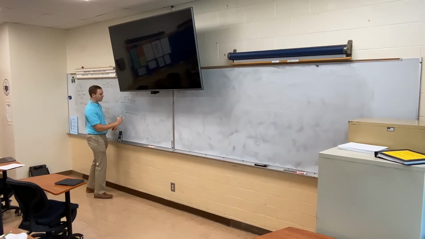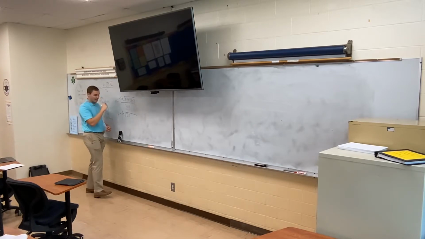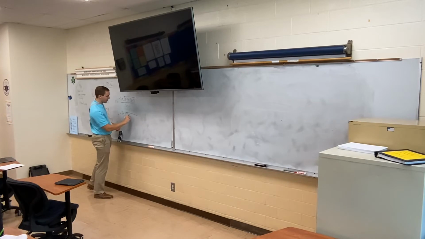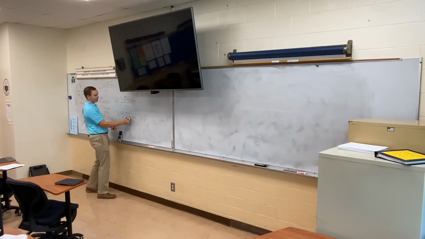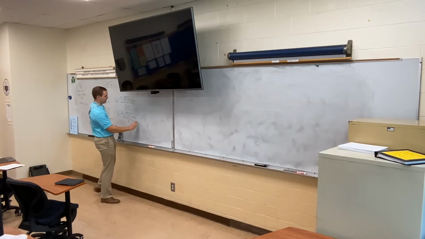So 5 squared is what? 25. So I crunch that number, plug it in. What's 4 times 1 times negative 13? Negative 52, so I'm going to have a minus negative 52, which is just plus positive 52. 2 times 1 is 2. Okay? I'm going to add the numbers that are inside this square root symbol.